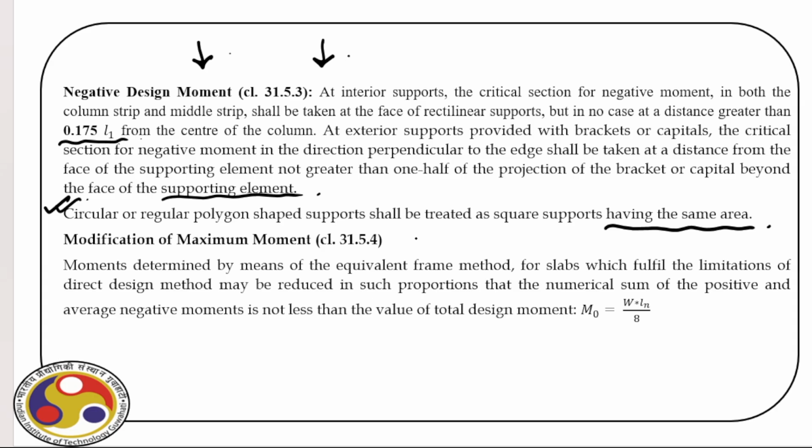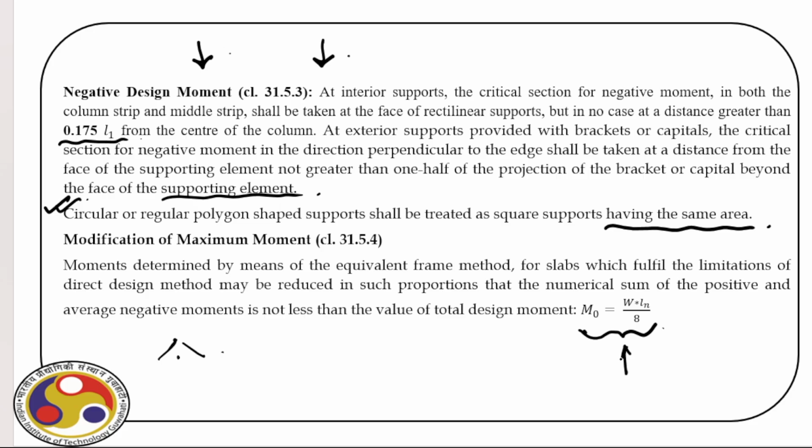Then the option is there in clause number 31.5.4 for the modification of the maximum moment. So moment determined by means of the equivalent frame method for slab which fulfills the limitations of the direct design method may be reduced in such proportion that the numerical sum of the positive and average negative moment, recall at the support we have negative moment from two sides, so average negative moment, is not less than the value of the total design moment, which is here.